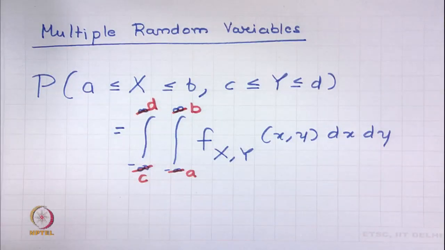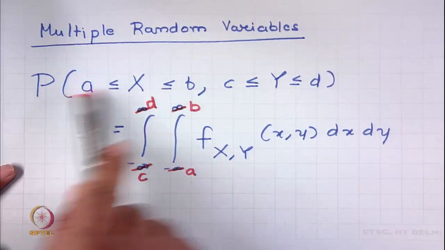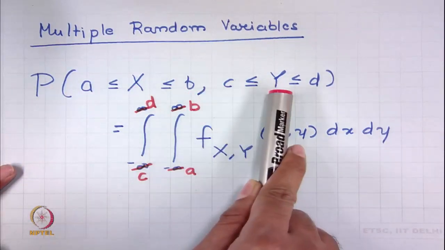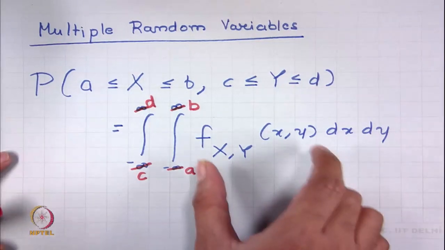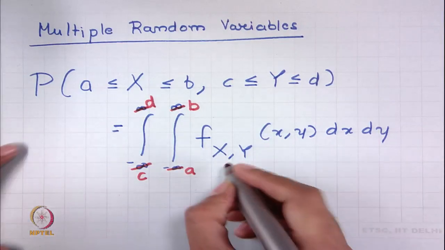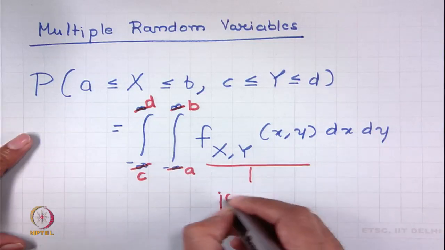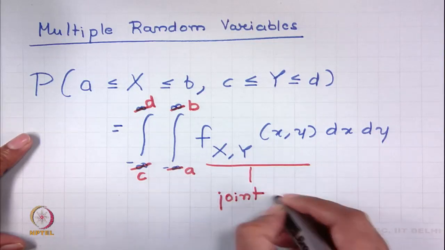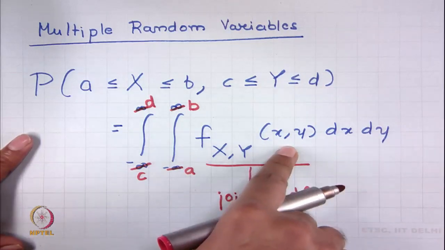So, what I am saying is, the probability that a random variable x takes a numerical value between a and b and y takes a numerical value between c and d, I can evaluate in terms of a new density function. This is a new density function that I have, and this is known as the joint probability density function.